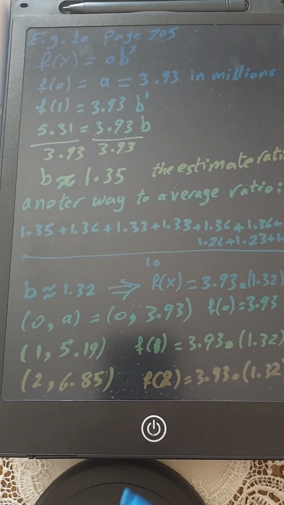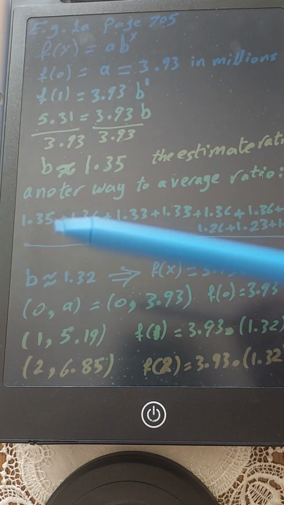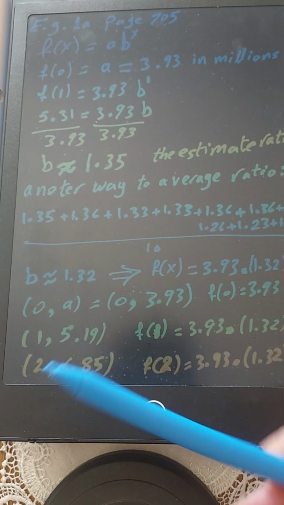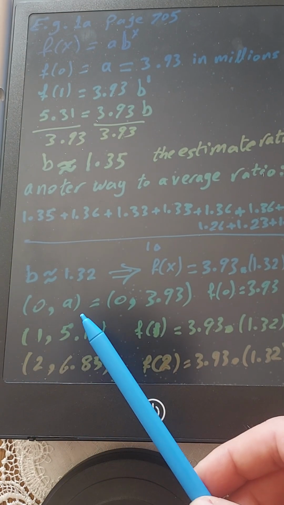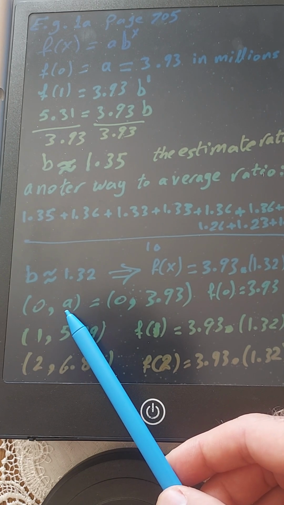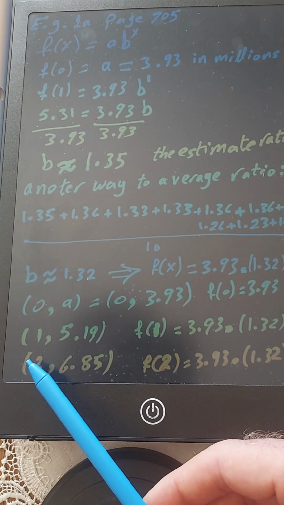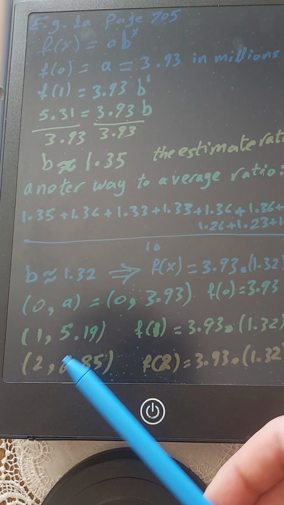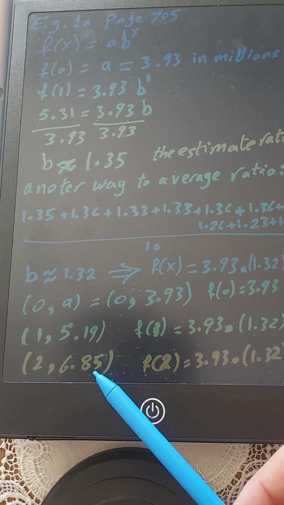I took sample data to be able to draw the graph. We took f(0), then f(1), f(2). f(0) is 3.93, then f(1) is 5.19, then f(2) is 6.85.